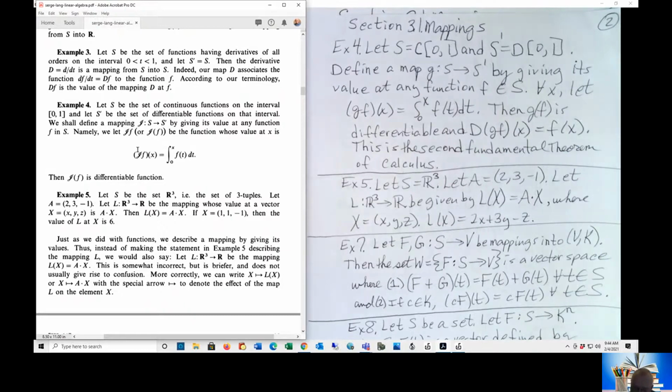For every value x, let J of f of x equal the integral from 0 to x of f of t dt. Then J of f is differentiable, and the derivative of J of f of x equals f of x.